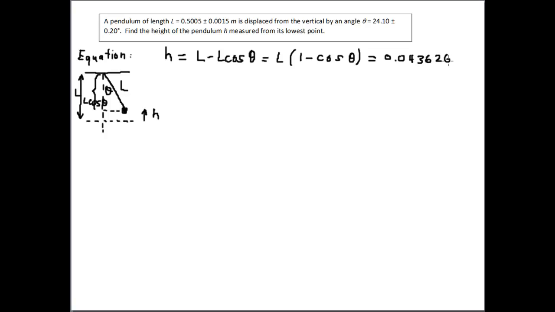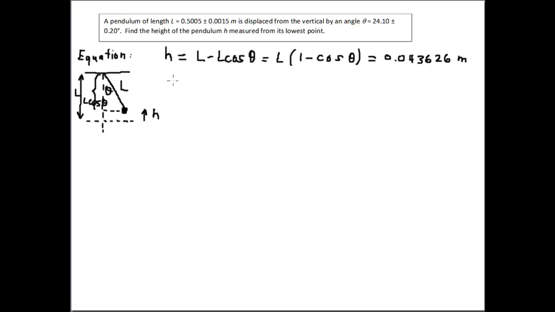I'm just keeping a few extra digits because I don't know exactly how many I'm going to need when I write down this quantity and its error. And so that's the value of h. And now we want to use the propagation of error equation to find the error in h.